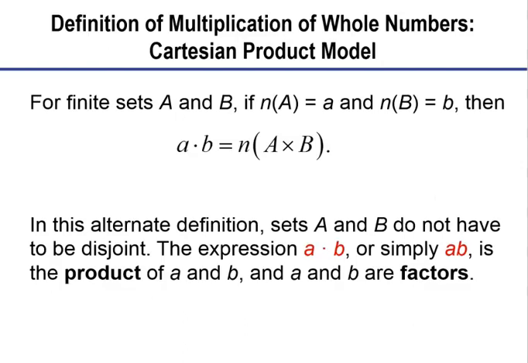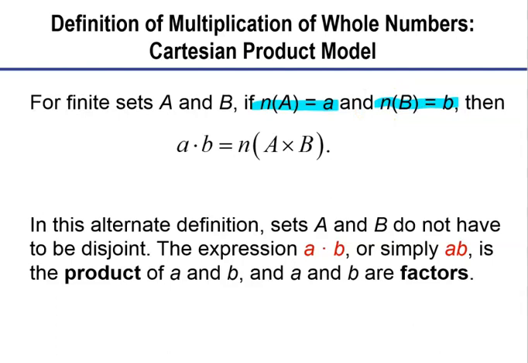So you could also define multiplication of whole numbers using the Cartesian product model. So if we have finite sets, A and B, and if you'll notice, the number in A is a. Now, the way we really read that is the cardinality of set A has a items in it, and the cardinality of set B has b items.